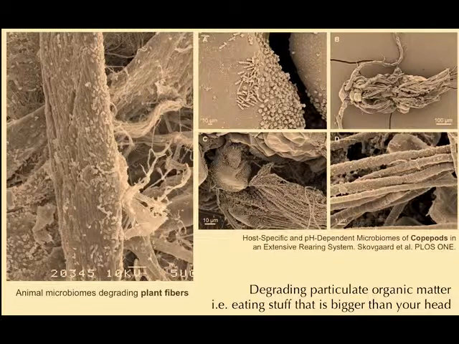On the right, this is a poor dead copepod being eaten up by bacteria. So in both cases, at a certain level of abstraction, this is just a complex material, a pretty big thing, bigger than the head of a bacterium, if you can say that. And the bacteria need to aggregate around the thing, attach, and secrete enzymes to degrade it.